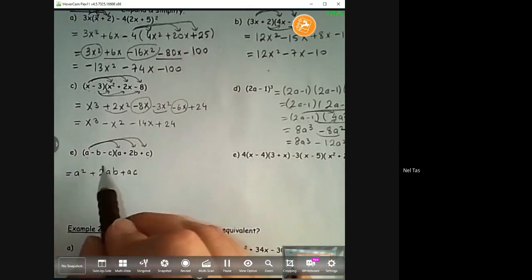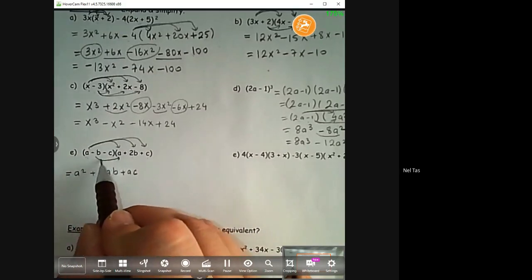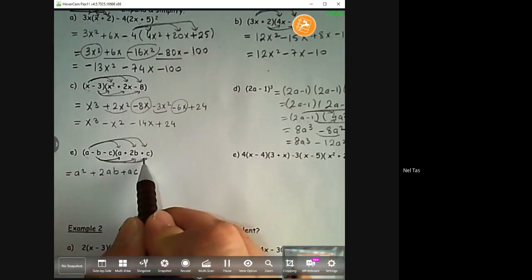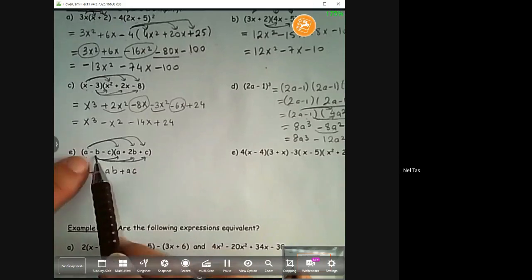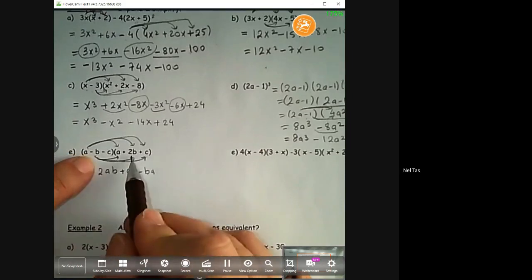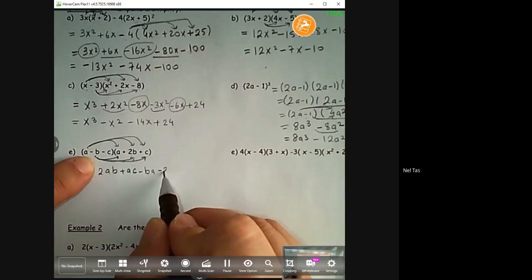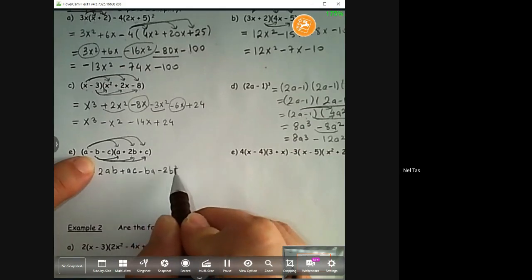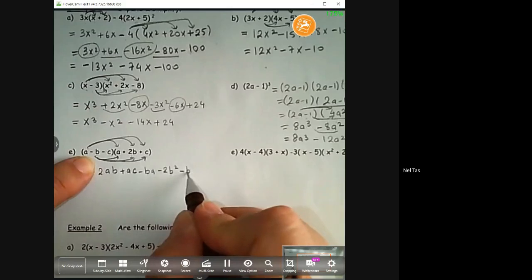Now we take the second term from the first bracket, multiply every term in the second bracket by that. Negative b times a, negative ba, negative b times positive 2b, negative 2b squared, negative b times c, negative bc.